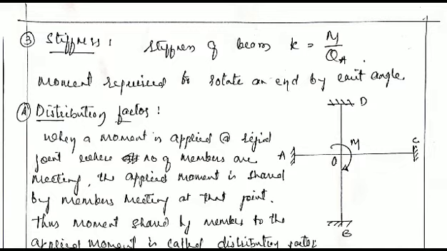So shortly, you can define it as the moment required to rotate an end by a unit angle. That we call stiffness. Initially, the k value is in terms of M and theta A. M is the applied moment that we know, but theta A is unknown, so we convert theta A into the M form. Further we will do it.